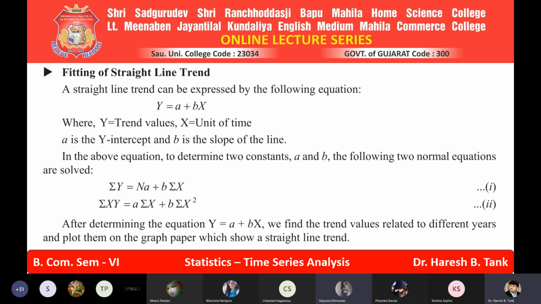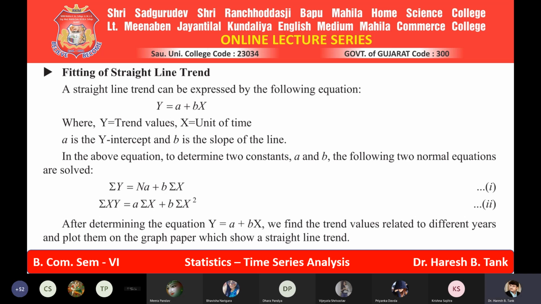So your equation becomes summation of y is equal to n times a plus b times summation of x. Is it so?